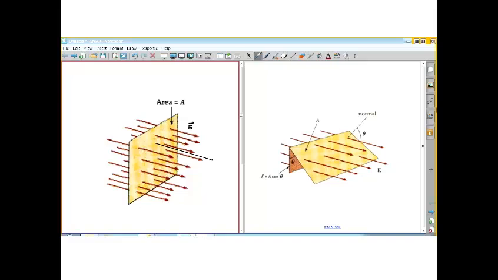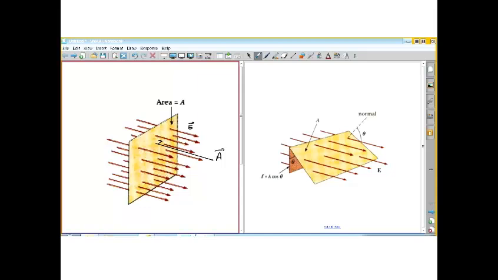So this is your area vector. The magnitude would just be, in this case, width times the height for a rectangle. And the direction would be perpendicular to the area, so it's pointing straight out from it. In this case, it's aligned with the electric field.